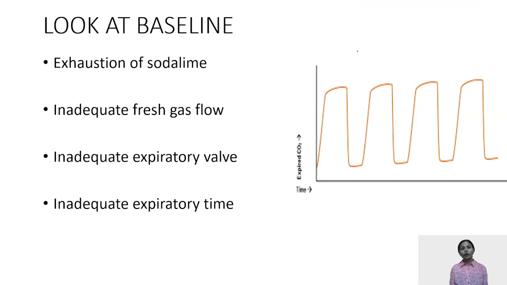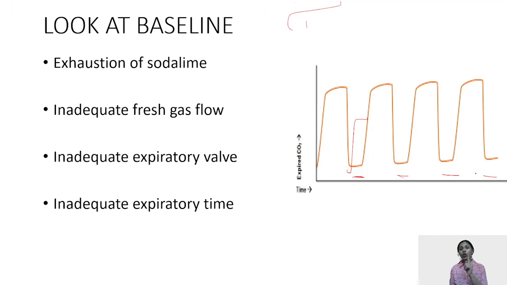Now moving forward, the next is the rebreathing part. See, look at the baseline. Now look at this baseline. As I've already told you, the inspiratory downstroke always has to touch the baseline.